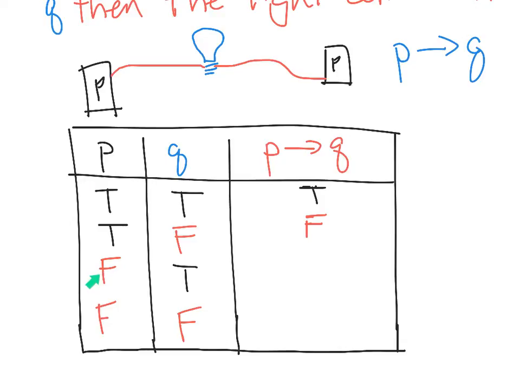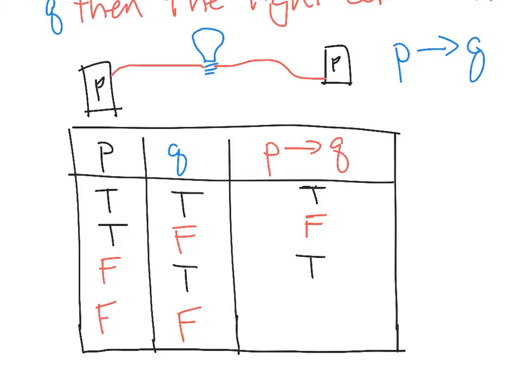Next we have P false and Q true. This is where I did not flip the switch, but it turned out that the light came on. And that's where this other switch could have been flipped. So that doesn't affect our original statement about this switch. So in this case, the conditional statement is still true.